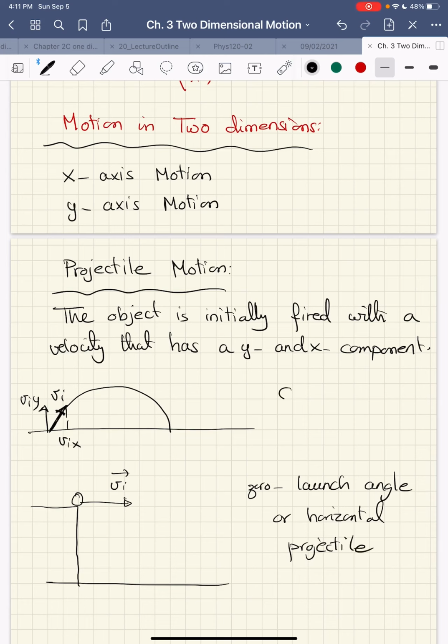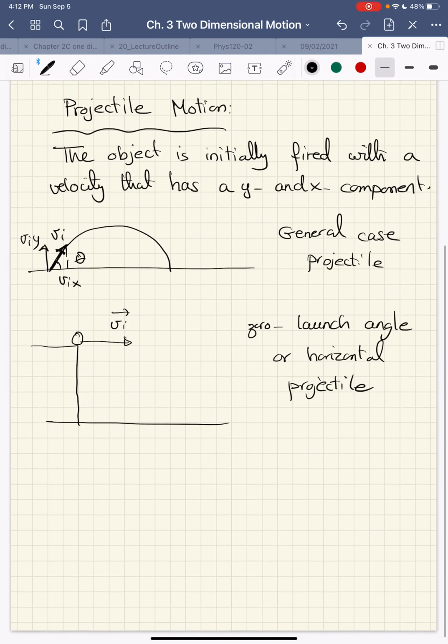Now this here, I call it the general case projectile. Then this might be any angle here, so that we will be able to figure out what are really the two velocities, the x and the y.